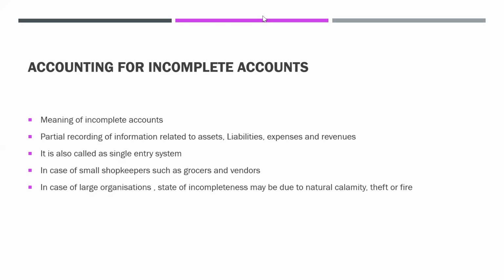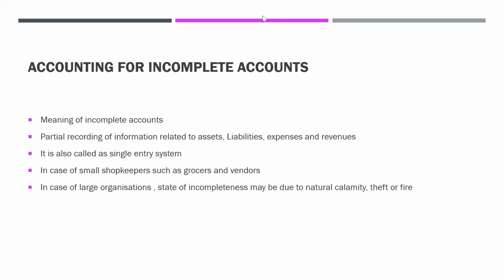So this may be incomplete. This can be called incomplete accounts, where complete information of the accounts is not available. Partial recording of information related to assets, liabilities, expenses, and revenues is done. Why is it incomplete?